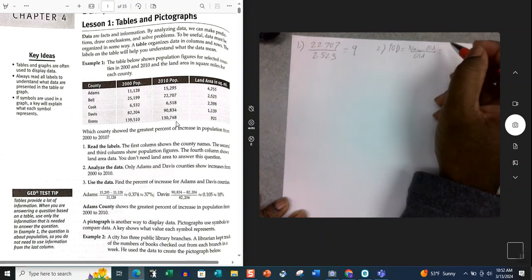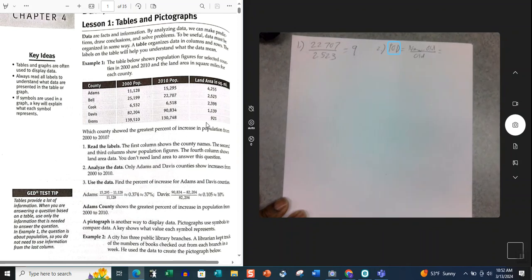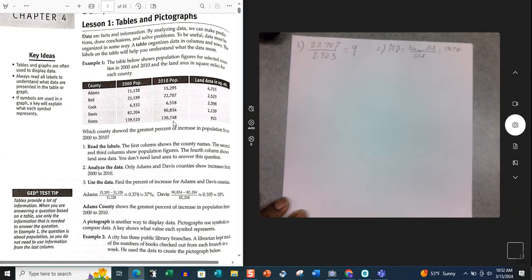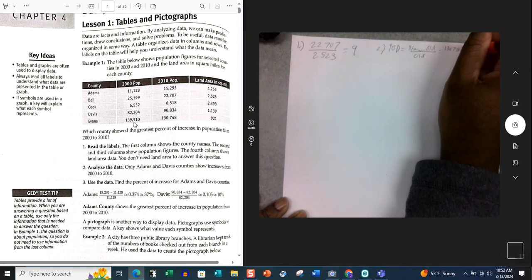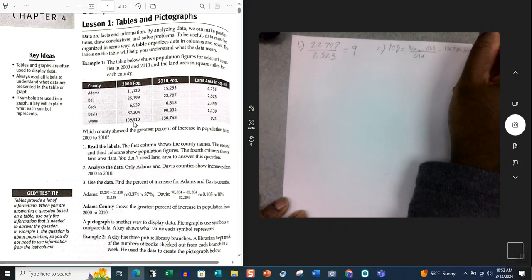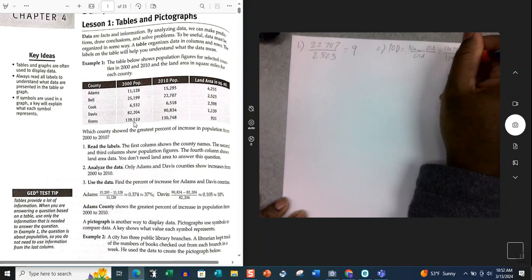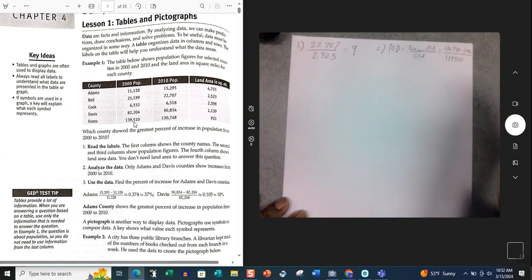So we know the new value is the 2010 value. Now remember, this is Evans County. So the new value will be 130,748. The old value would be 139,510. And we're dividing by the 139,510.